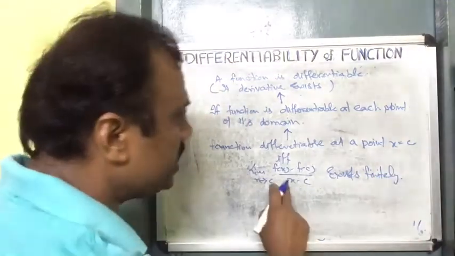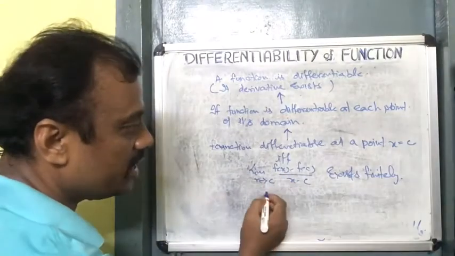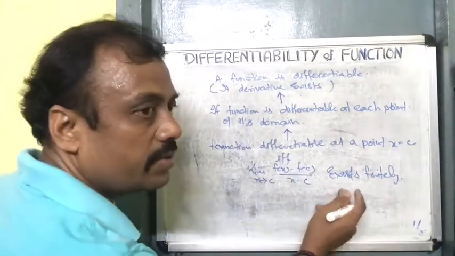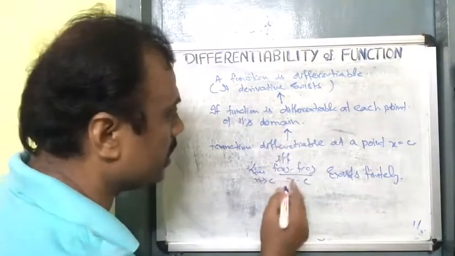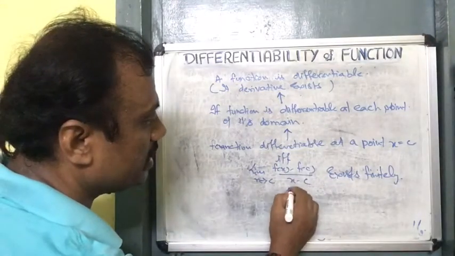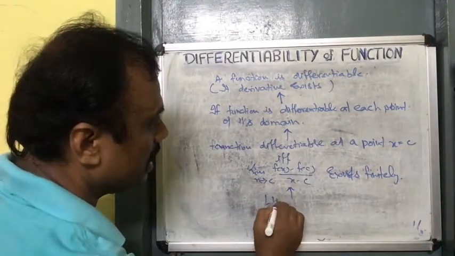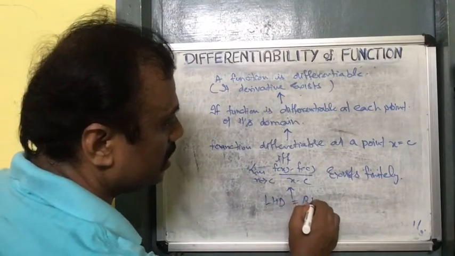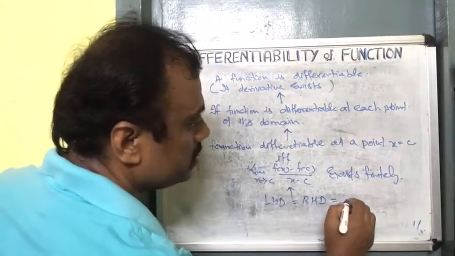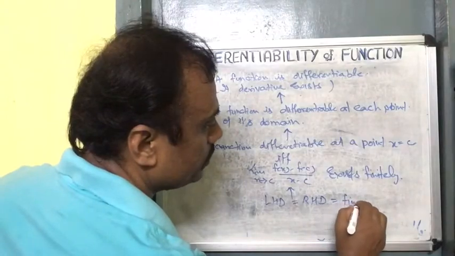Okay, when does it exist? When its left hand limit and right hand limit are equal and finite. So what will be its left hand limit and right hand limit? LHD and RHD must be equal and it must be finite.